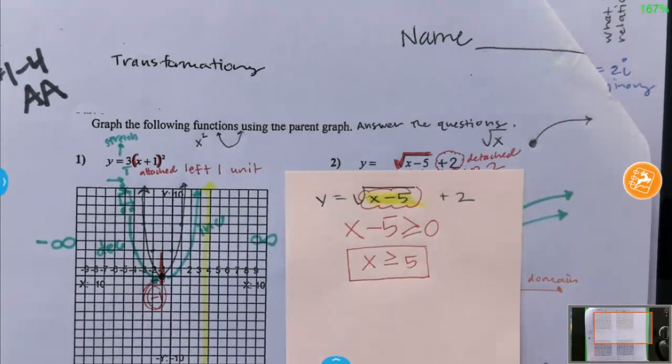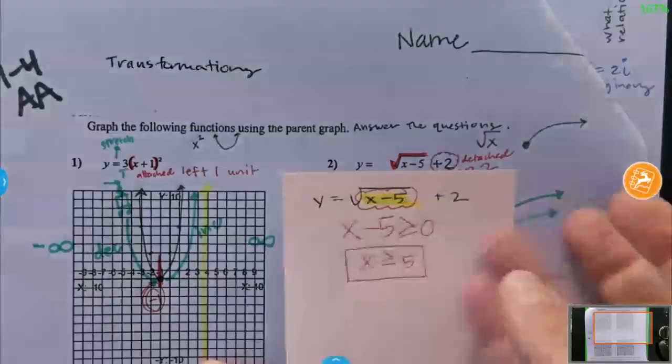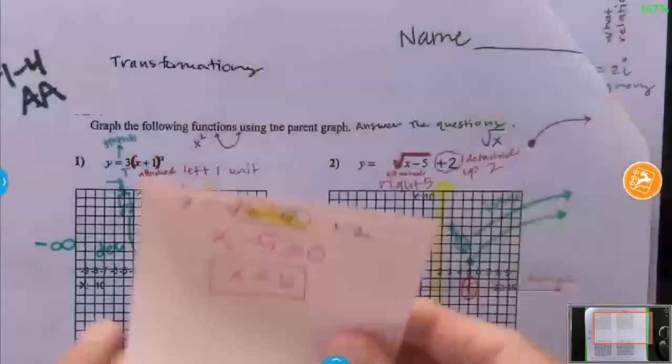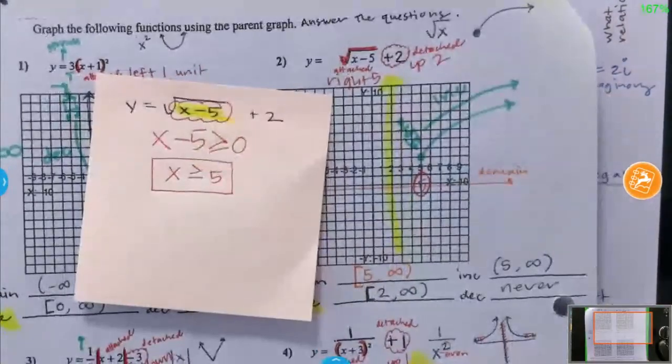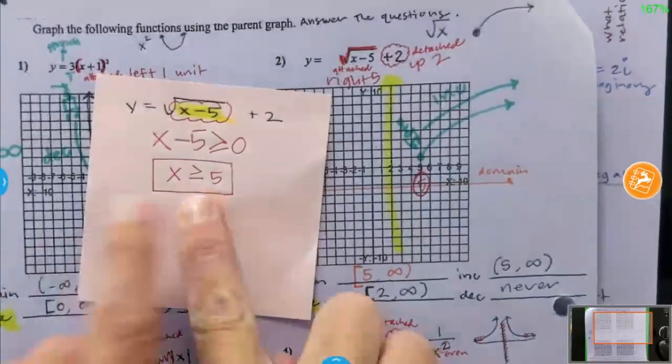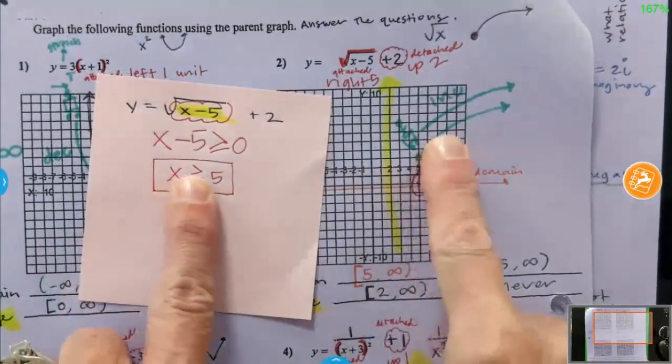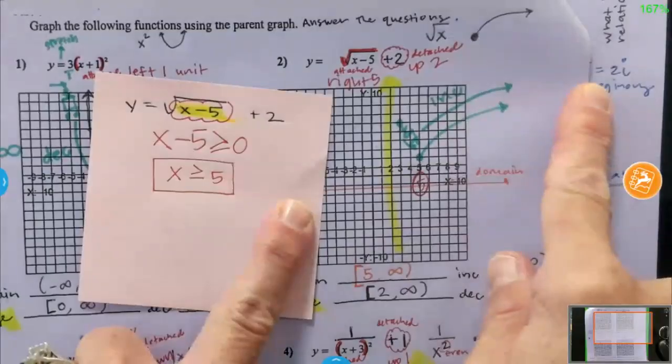Well, now we can get the restrictions from looking at the graph, because if you pick this up and look at our graph, lo and behold, where does our graph start? 5, and it goes forever to the right.